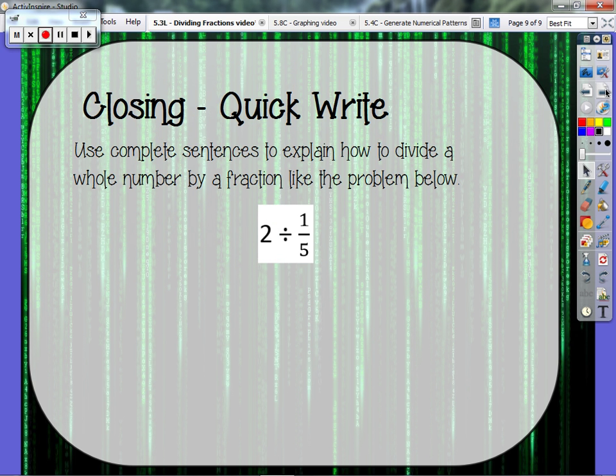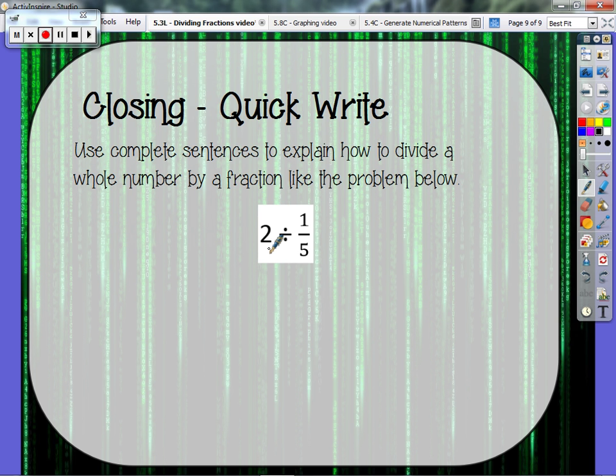For this closing activity, I've chosen to do a quick write. It doesn't have to be anything in depth, nothing complicated. The quick write that I have here for them would be to use complete sentences to explain how to divide a whole number by a fraction, like the problem below. So instead of just working out the problem the way that it looks here, they're responsible for telling me in words how to solve the problem.